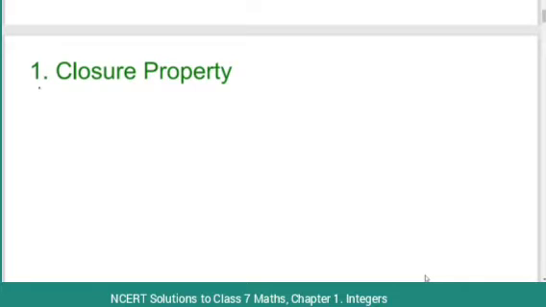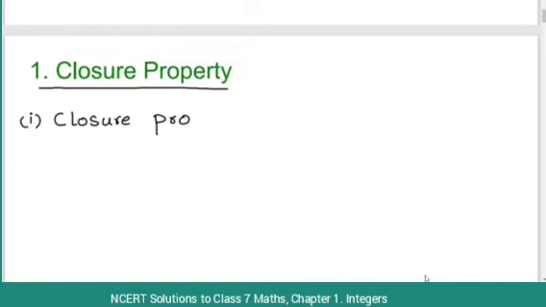First one is the closure property. In that we will be seeing closure property of addition and closure property of multiplication. First one is closure property of addition.